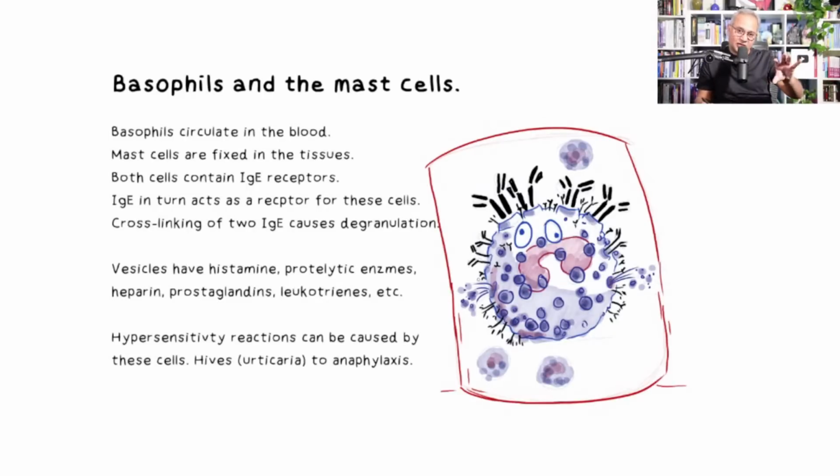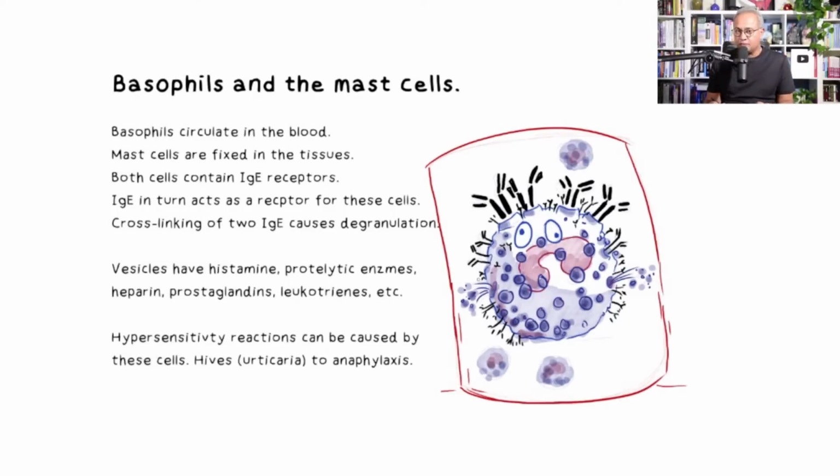And when they become residents or become fixed in the tissue, then the basophils are called mast cells. When monocytes become residents, they are macrophages or dendritic cells. When basophils become residents, they are mast cells. That means the majority of the properties of these two cells are the same, except their location.